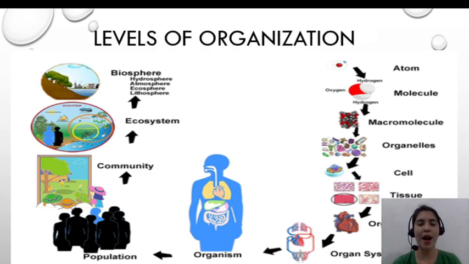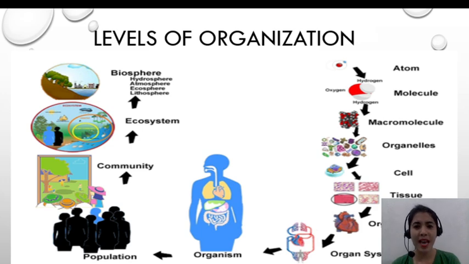Uulitin ko ha, levels of organization starting from the smallest up to the largest are atom, molecule, macromolecule, organelles, cell, tissue, organ, organ system, organism, population, community, ecosystem, and biosphere.